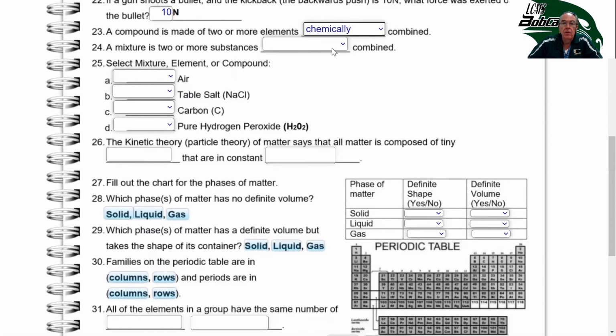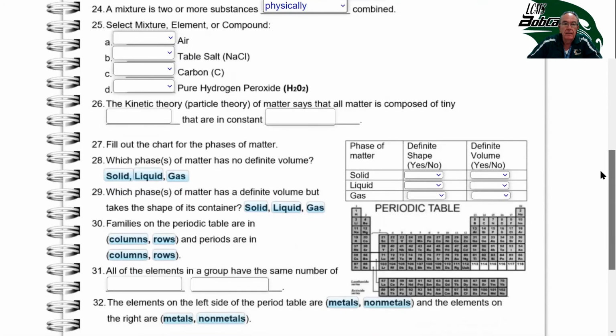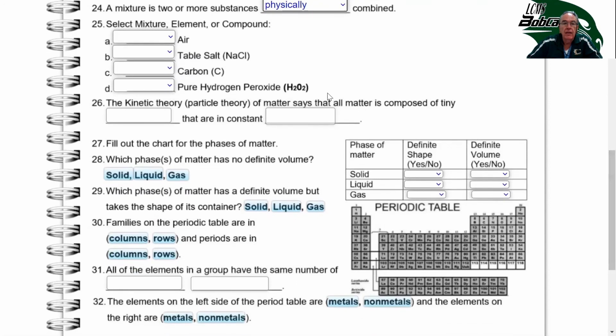A mixture is 2 or more substances that are physically combined, and they can be separated by physical means. Okay, select which one is a mixture, element, or compound. Well, air, we know there's oxygen in the room because you're breathing it to stay alive. You're exhaling carbon dioxide, so you know that's mixed in the room, and the atmosphere is mostly nitrogen.